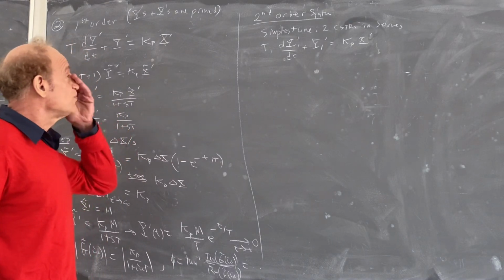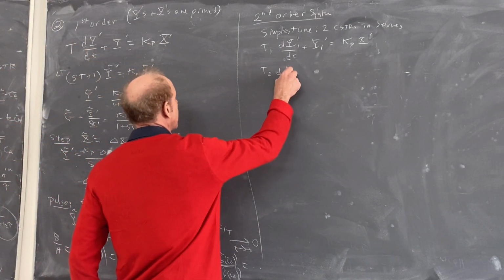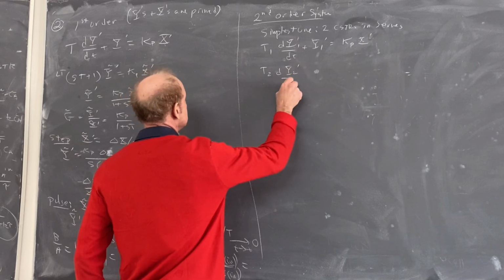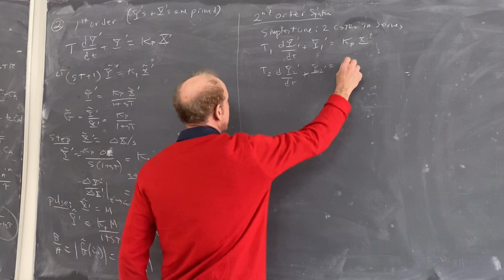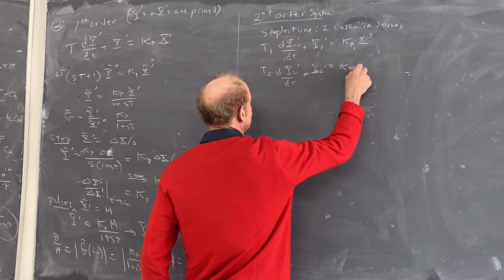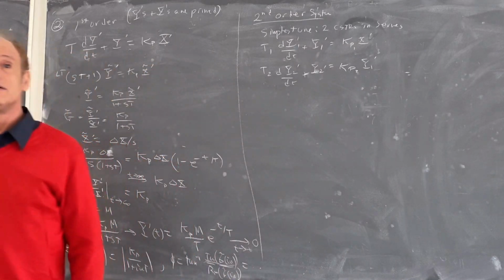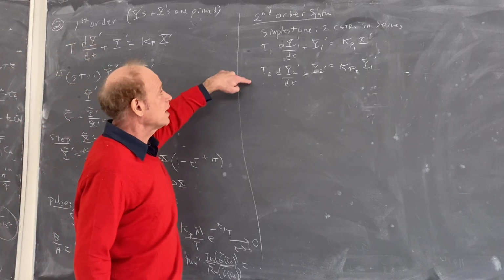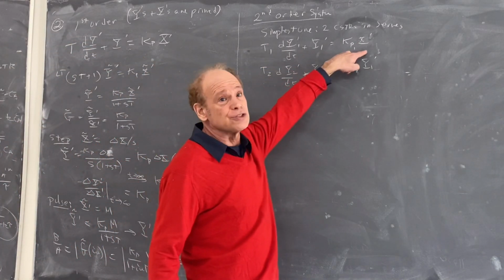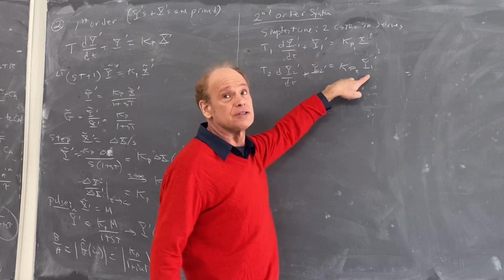And for T2, I've got T2 dy2 prime dt plus y2 prime is equal to Kp2 y1 prime. So this is reactor 1, and this is reactor 2, because you have X going into reactor 1, but you've got the output from reactor 1, y1, going into reactor 2.